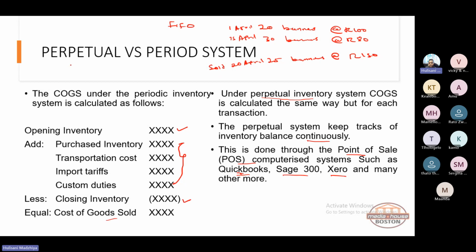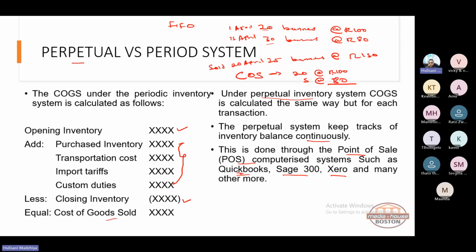The question will be, what will be your cost of goods sold if we were to use perpetual? The cost of goods sold within this system, when we're applying the FIFO method, means that we are going to start by selling the 20 units we bought first, followed by this. So the cost of sales will include 20 units bought at 100 Rand, as well as 5 units bought at 80 Rand.